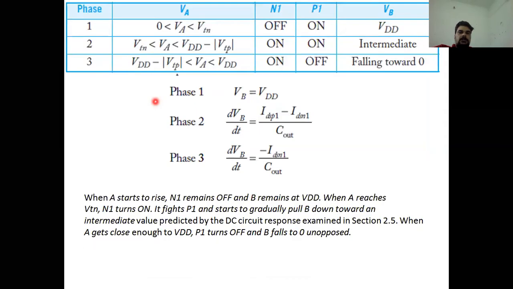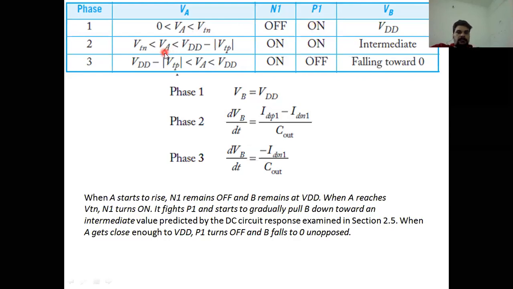Okay, so now when we are applying a ramp input, these are very basic steps. When the input voltage of a CMOS inverter is less than the threshold voltage, in that case NMOS is obviously off and PMOS is on, so VB is equal to the output of the CMOS inverter, that will be equal to VDD.